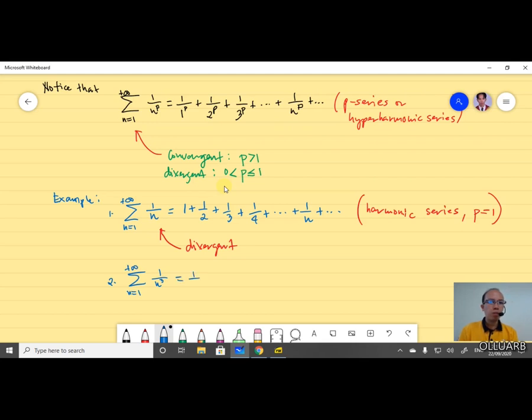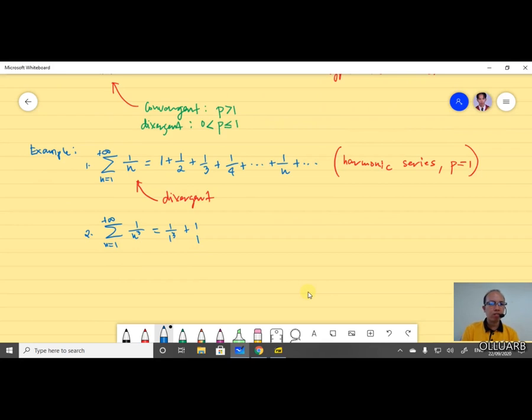You can expand this as 1 over 1 cubed plus 1 over 2 cubed plus 1 over 3 cubed, and so on, 1 over n cubed.